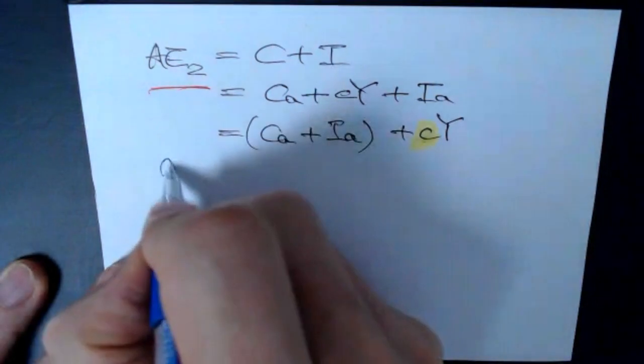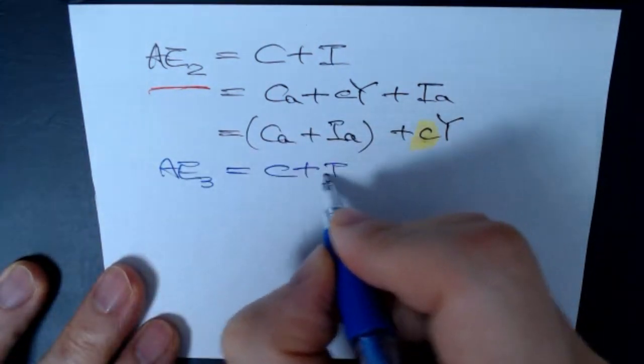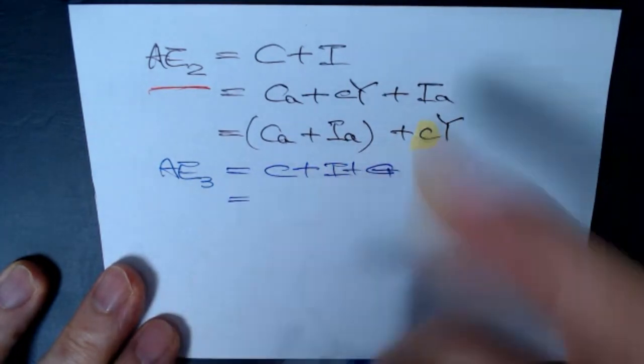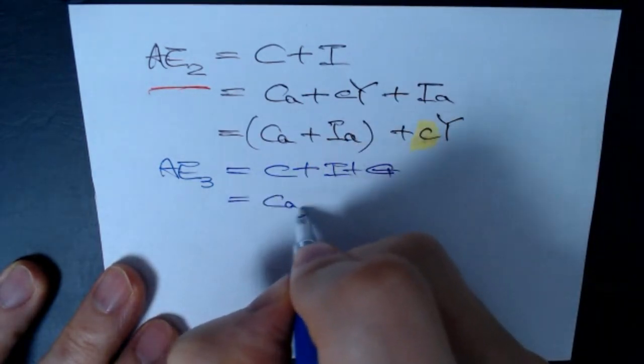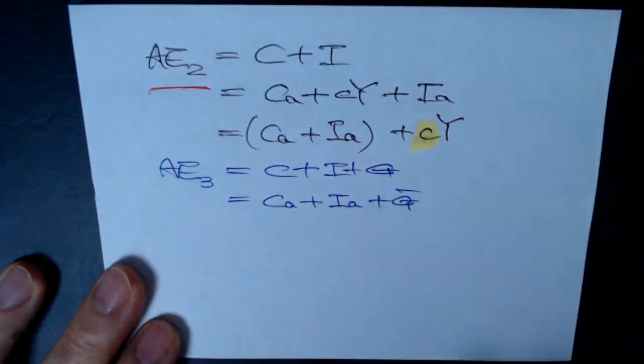What about the three-sector model? So we still have C_A, I_A plus G, right?